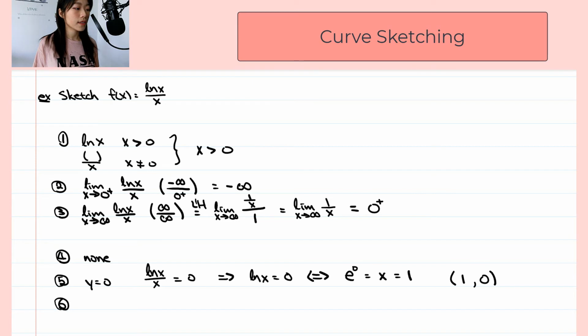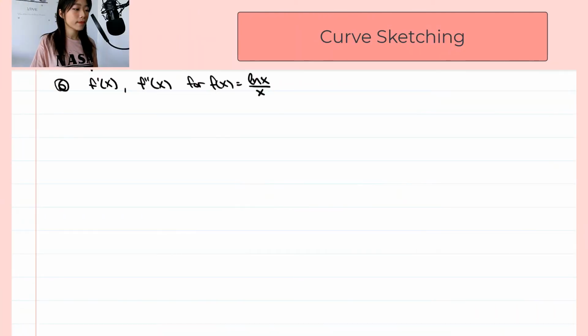And then the sixth step, we need to find the first derivative and the second derivative for the function ln of x over x. Let's find the first derivative. Here we have a function of x in the numerator and a function of x in the denominator. So we need to use the quotient rule.